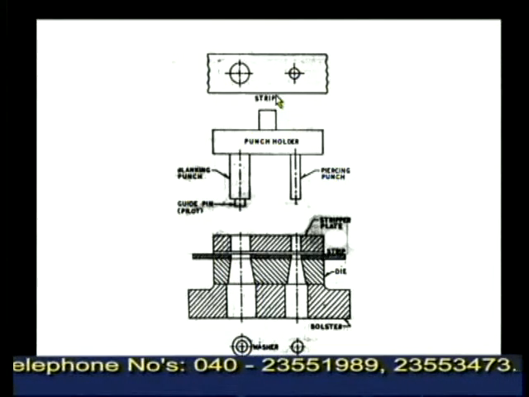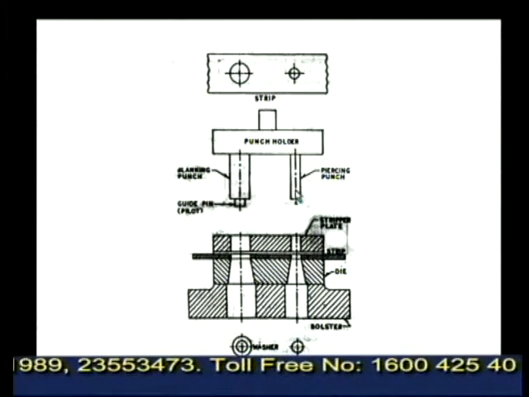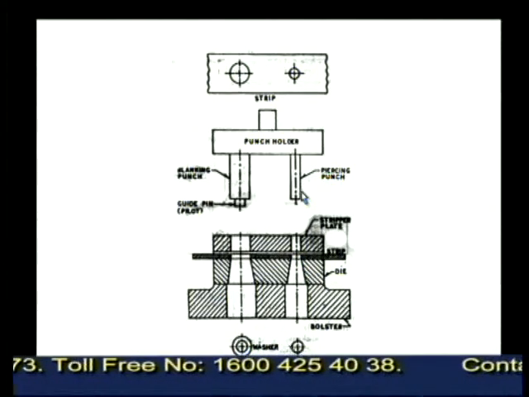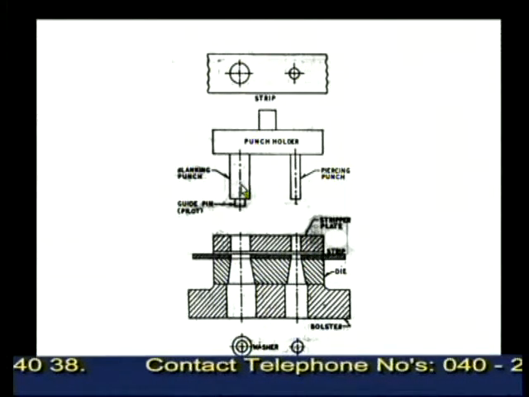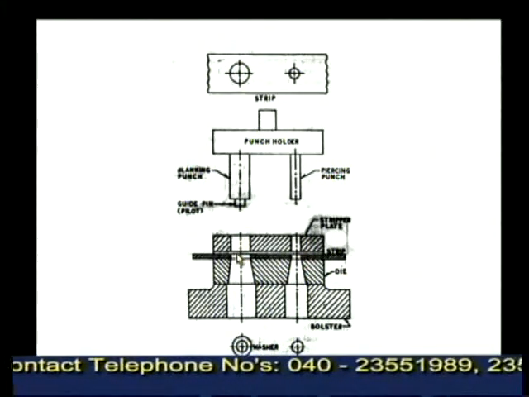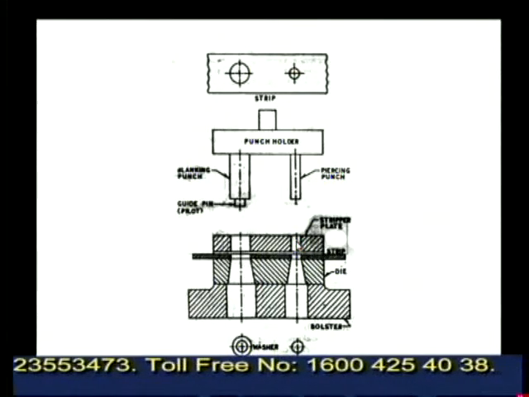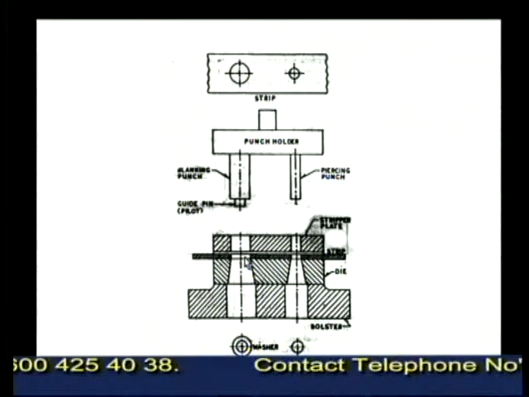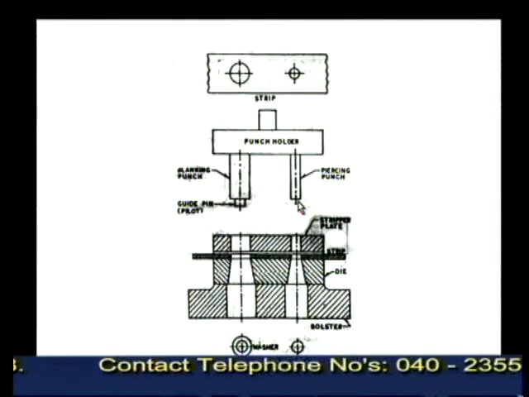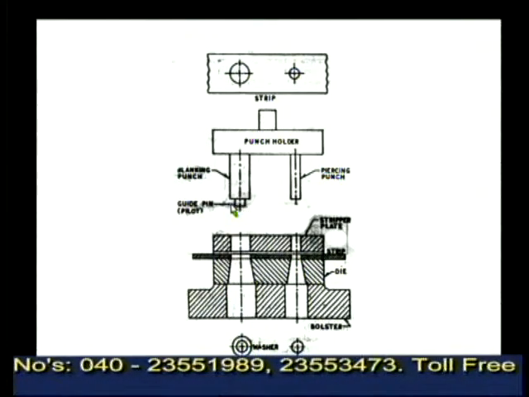Of course, as the ram is moving downwards, first the hole is made by the punching operation by this punch, and this causes the blanking operation. So as to make a ring, first a central hole is punched at this station, and the stock is moved further to the next station, and this hole punched earlier will be located on this pin.